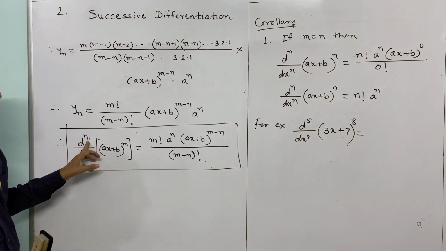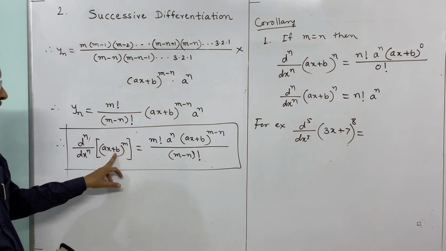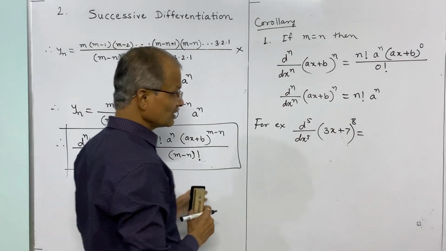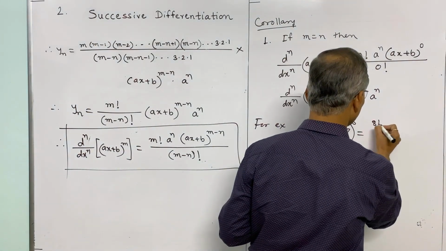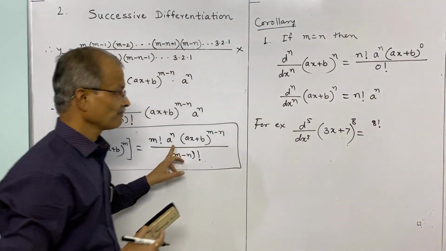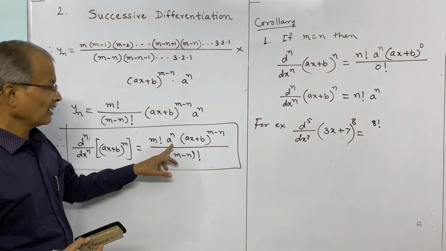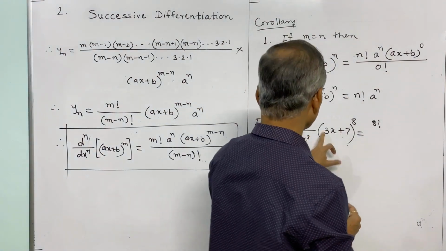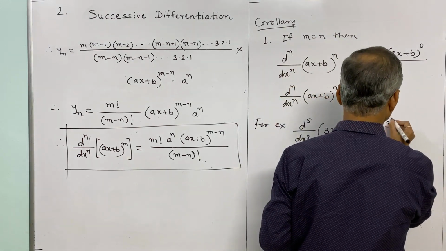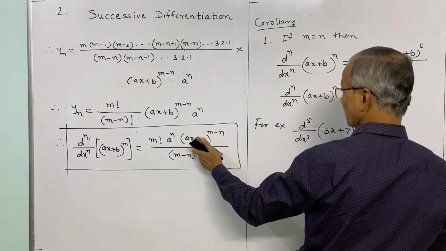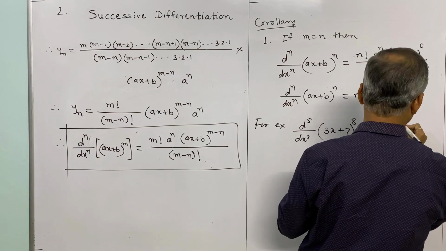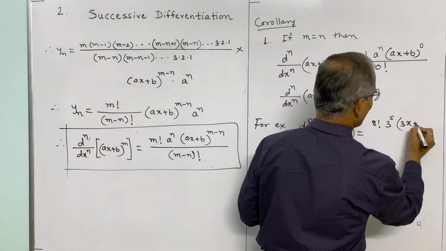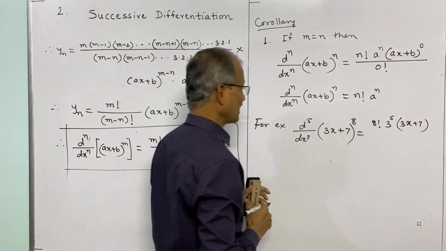N is 5, ax plus b is 3x plus 7, and m is 8. So using these values, the derivative will be 8 factorial, m factorial. M is 8, and a is 3. 3 to the power n is 5, so 3 to the power 5. And then 3x plus 7 to the power m minus n.